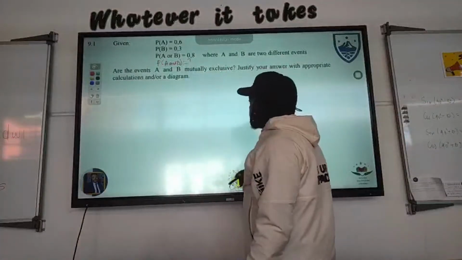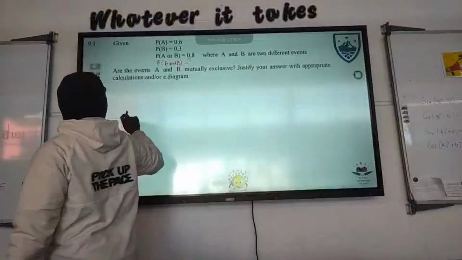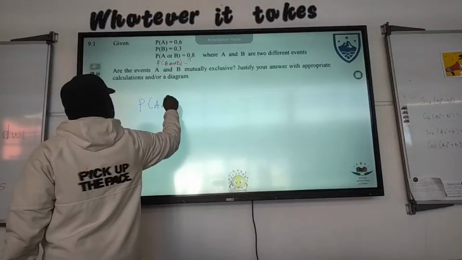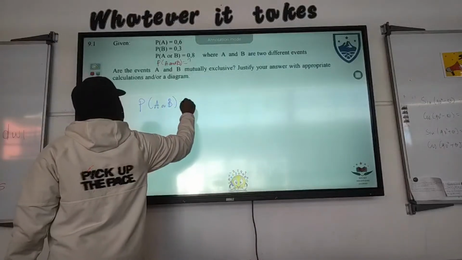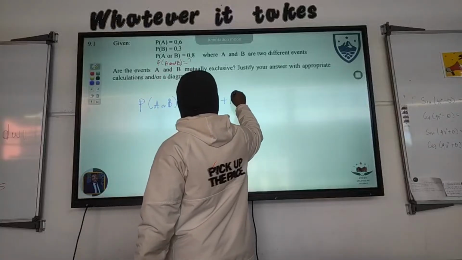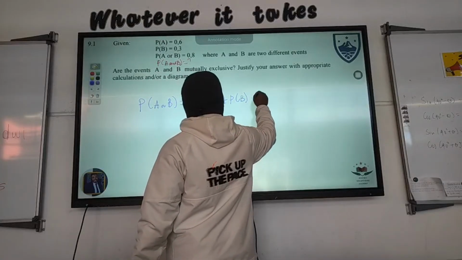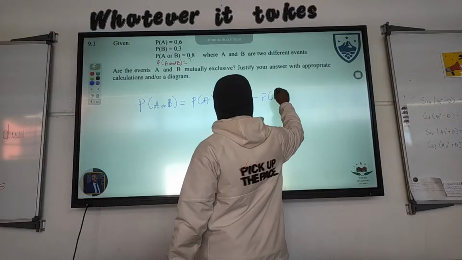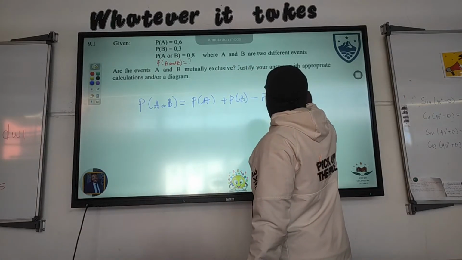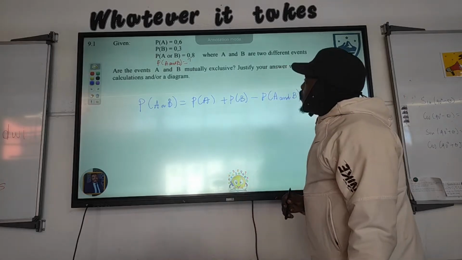So we know that P(A or B) is the probability of A plus the probability of B minus the probability of A and B. Then we substitute.